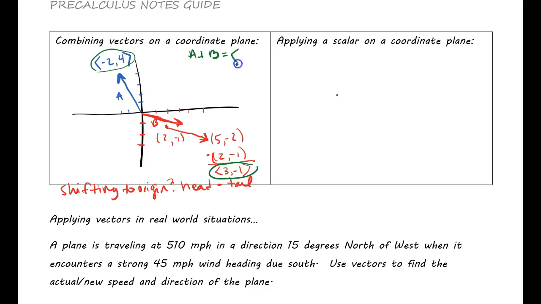Well, -2 plus 3 is 1. And then what is the y plus the y? So 4 plus -1 would be a 3. So the terminal point of the resultant is going to be 1, 3. And that green vector right in between those two is going to be my actual answer, okay?